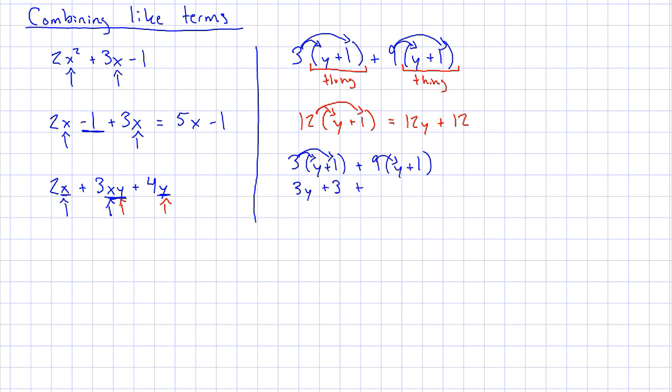Then 9 times y gives me 9y, 9 times 1 gives me 9, and then I'm adding the like terms. So 3y plus 9y is 12y, and 3 plus 9 is 12. So I end up with exactly the same answer either way. So sometimes there's more than one option in order to achieve your answer.